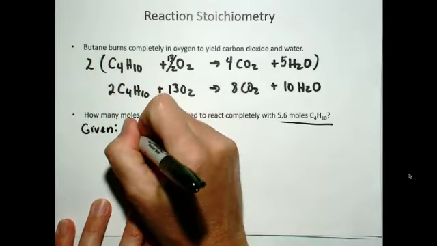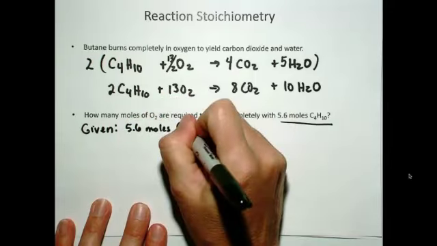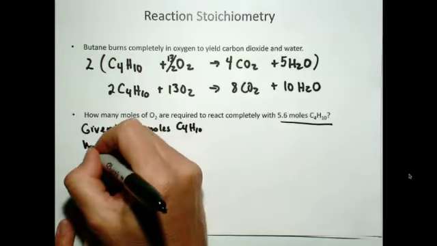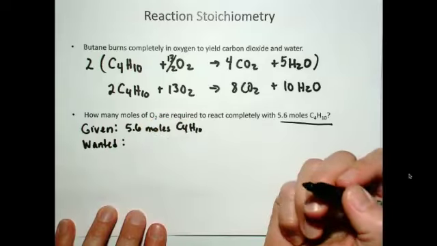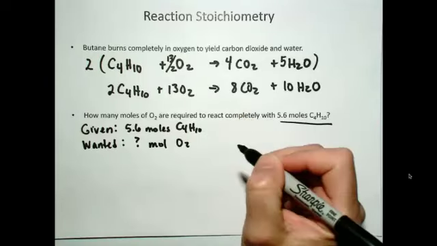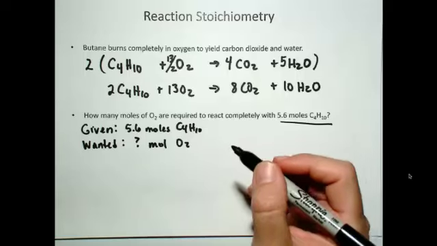You're given 5.6 moles of butane. And then what's wanted is how many moles of oxygen are needed to combust completely 5.6 moles of butane.